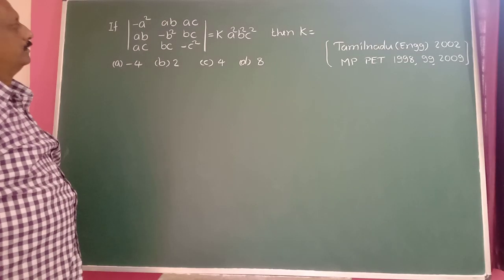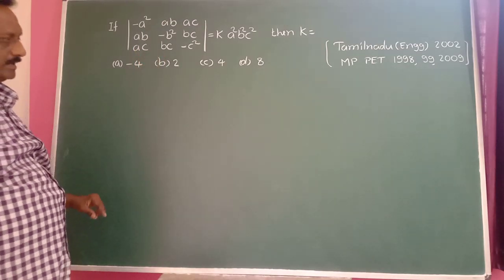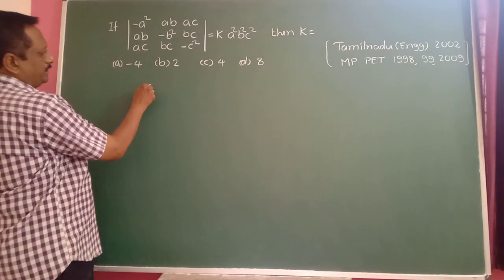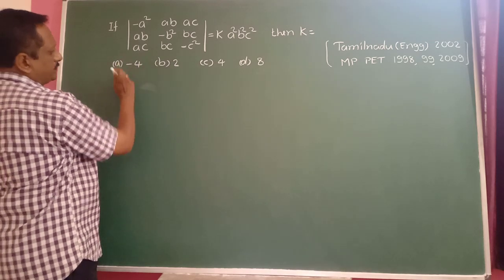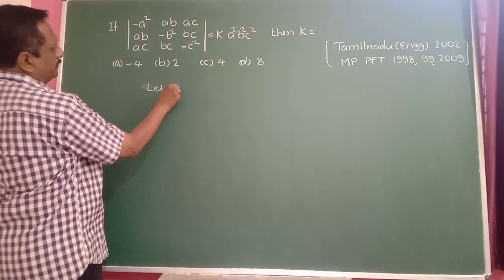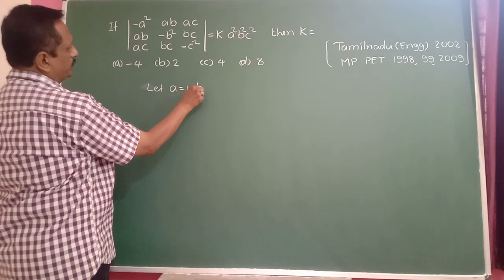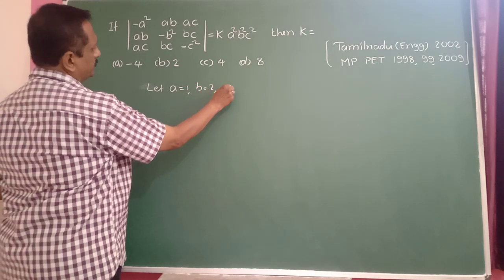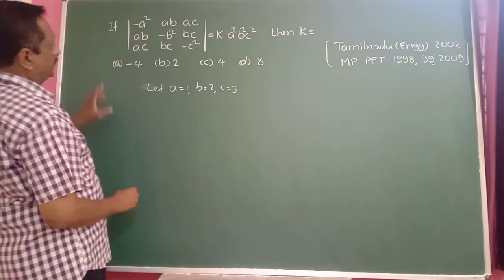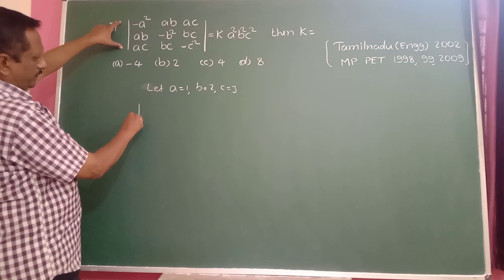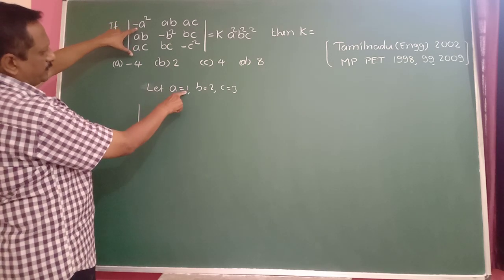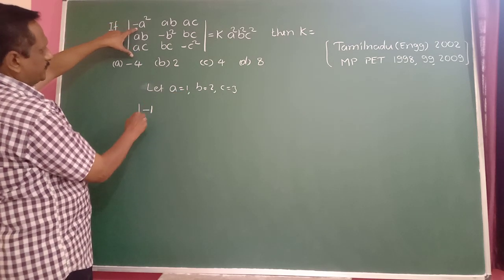Okay. Here also find the value of k. Use the substitution method here. So a is equal to 1, b is equal to 2, and c is equal to 3 here. So use the determinant of minus a square, 1 square is 1, so it is minus 1.